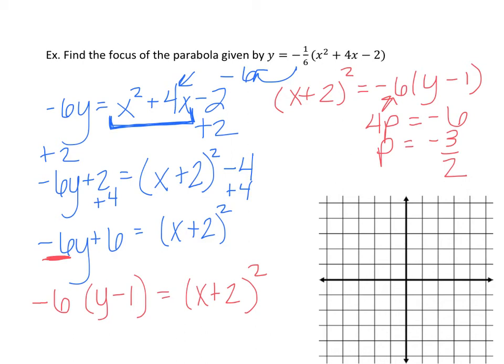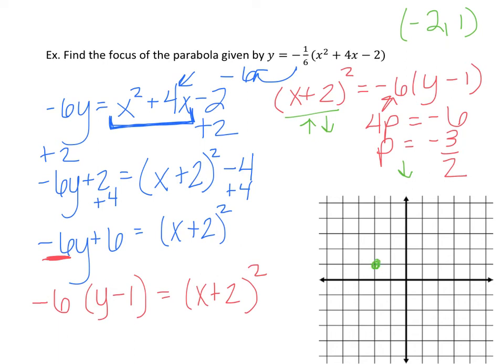So a few things from this. Since x is being squared, that tells me it's opening up or down. Since p is negative, tells me it's opening down. This puts my vertex at negative 2, 1. So if I sketch that on here, here's my vertex.